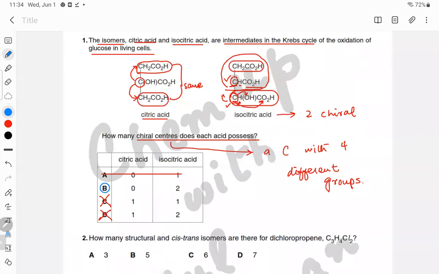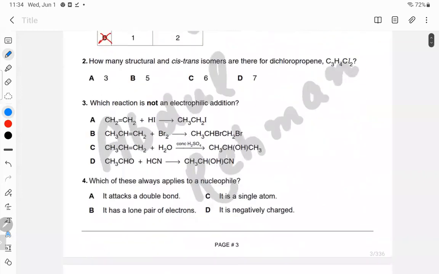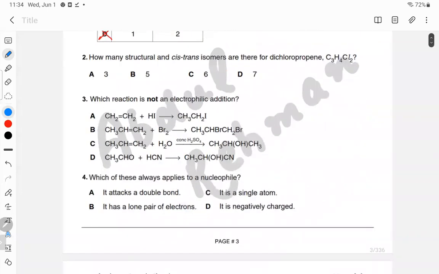Okay. Now, normally students have a problem in these kinds of questions, such as question 2. How many structural and cis-trans isomers are there for dichloropropene? Okay. So I'm going to work using the skeletal formula.